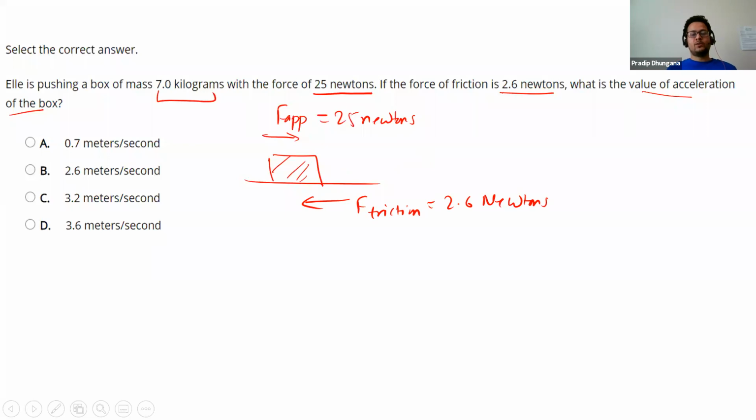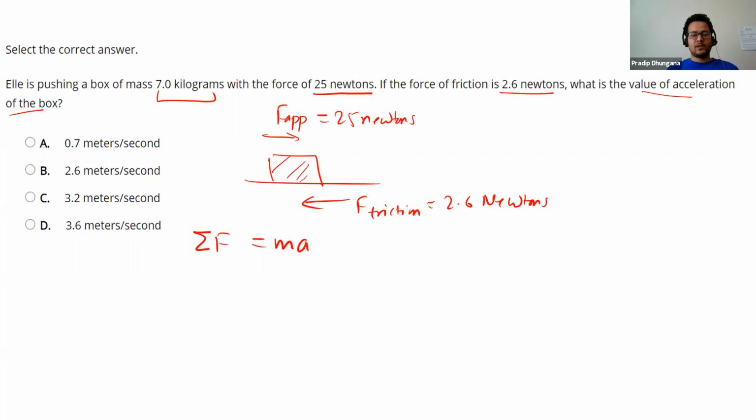Mass is given, so the first thing we have to calculate is net force. Summation F is equal to mass times acceleration. The force of friction opposes the motion of the box, so to calculate net force, we subtract the force of friction from the applied force.